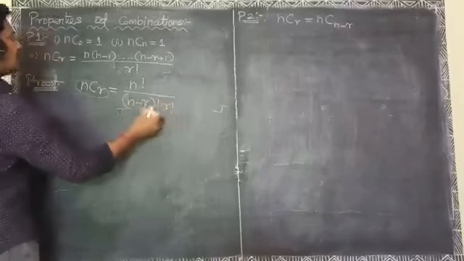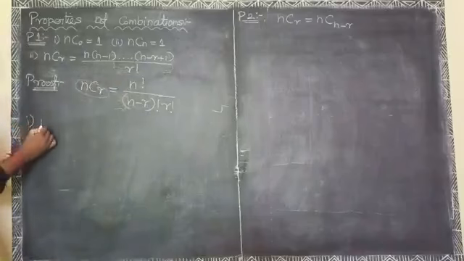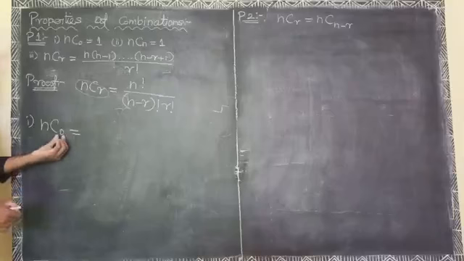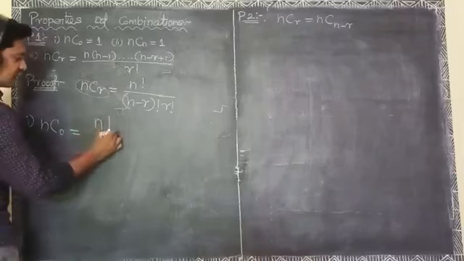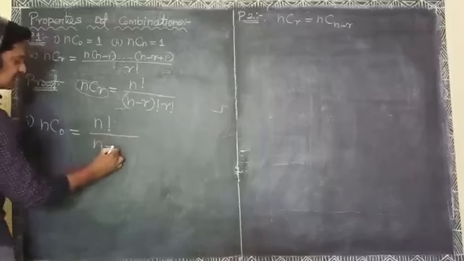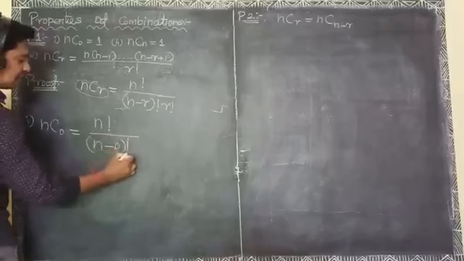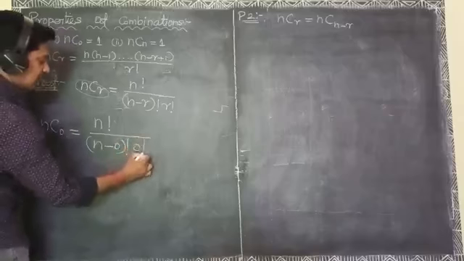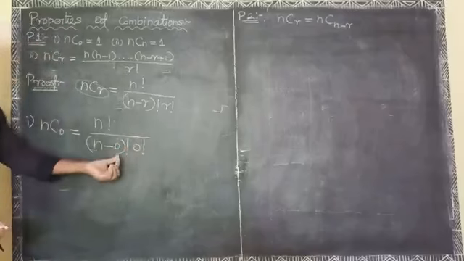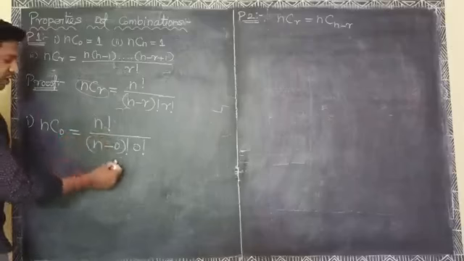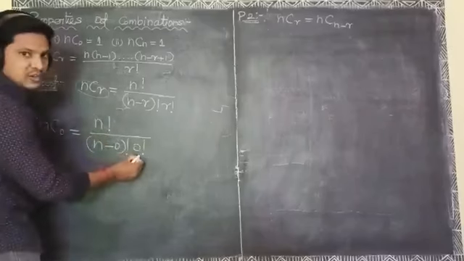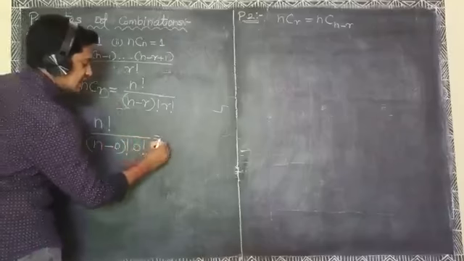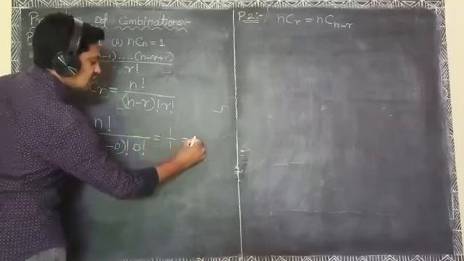In the first subdivision nC0, r is 0. So n factorial divided by (n minus 0) factorial into 0 factorial. n minus 0 is n, so the n factorials cancel. The value of 0 factorial is 1, so that is 1 divided by 1, which is equal to 1.